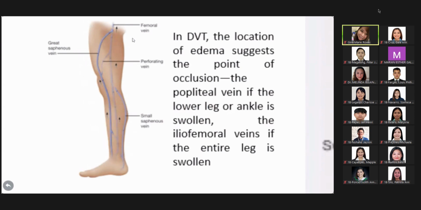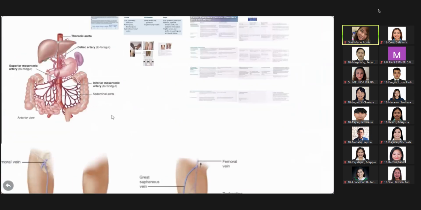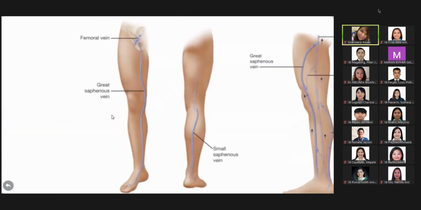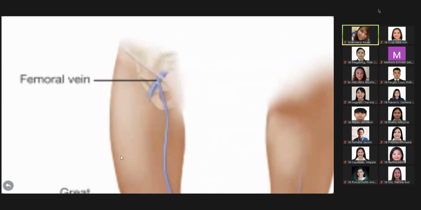If the entire leg is swollen, you think of the iliofemoral vein. This is the femoral vein. This is the great saphenous vein, the blood vessel harvested during bypass graft.